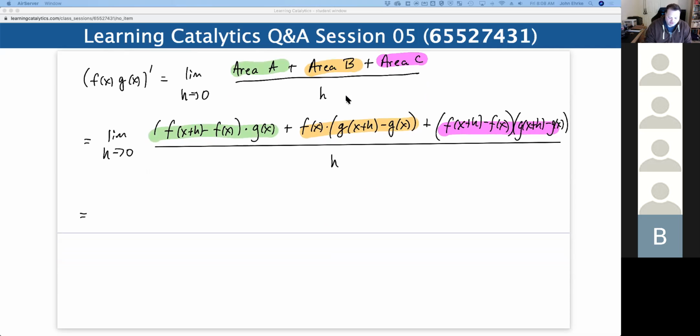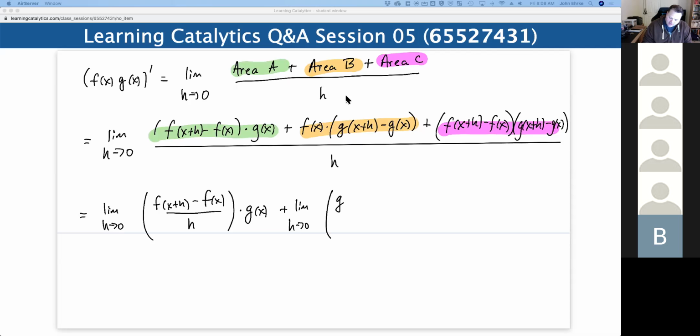I'm going to break the limit up into three pieces. This is the limit as h goes to 0 of, well, the first piece here is f of x plus h minus f of x divided by h, times g of x. The second piece is g of x plus h minus g of x over h, times f of x.